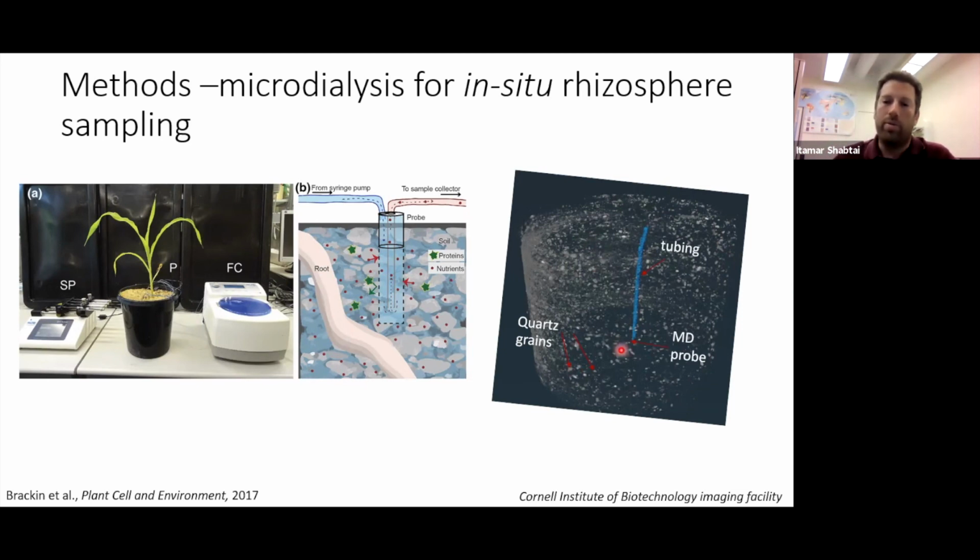So as a function of the density of the roots or the proximity of the roots to the microdialysis probe, we can now try to relate the composition of compounds in the rhizosphere to the proximity of the roots. So those are the questions that are now being asked by us.